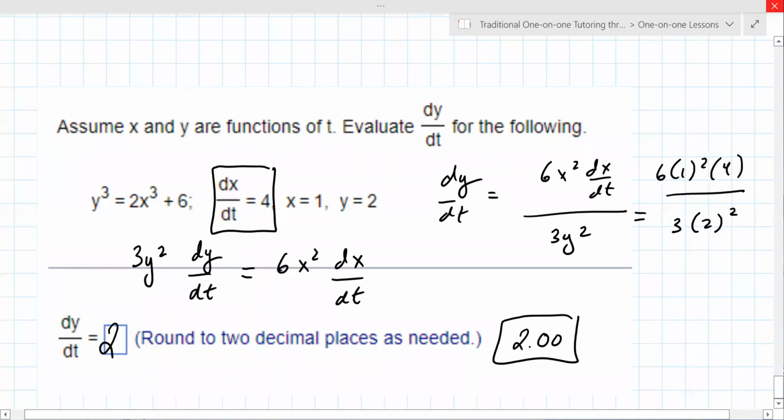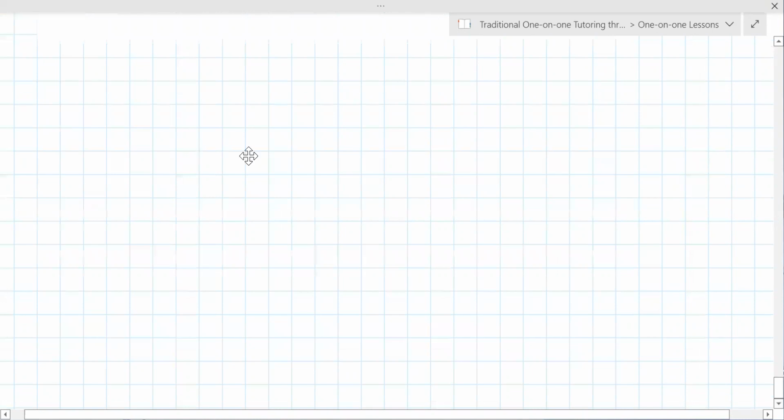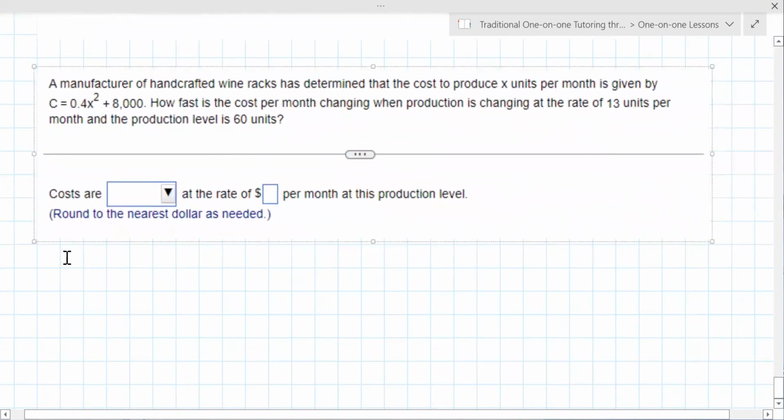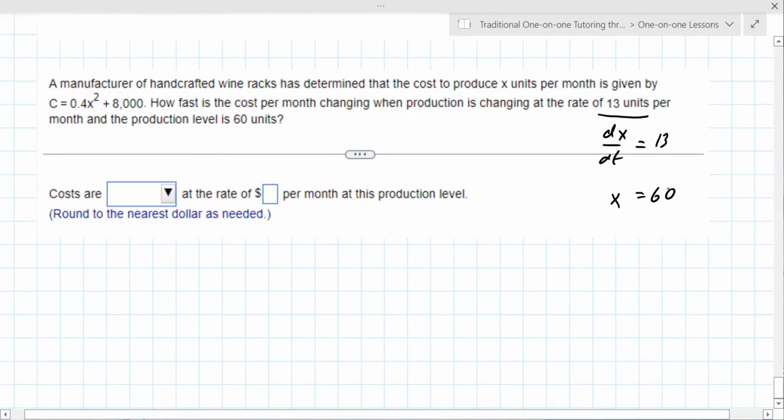The drop down is increasing or decreasing. That makes sense because it's asking about the rate of change, so they're asking about the derivative. They're encoding in this that dx/dt is 13, and they're also saying that x is 60.